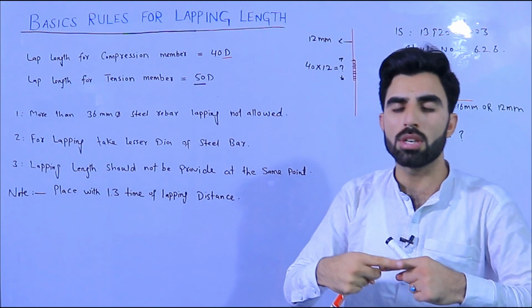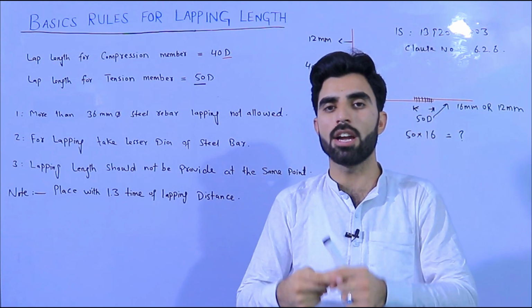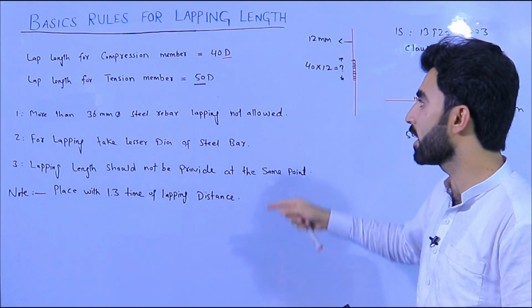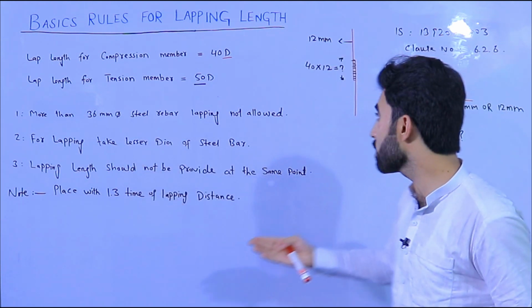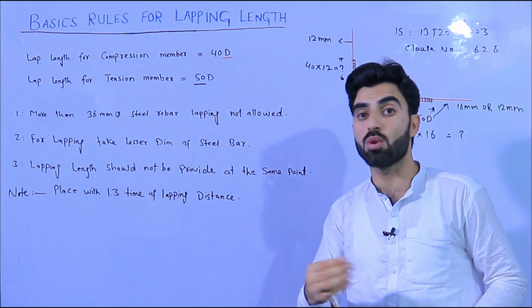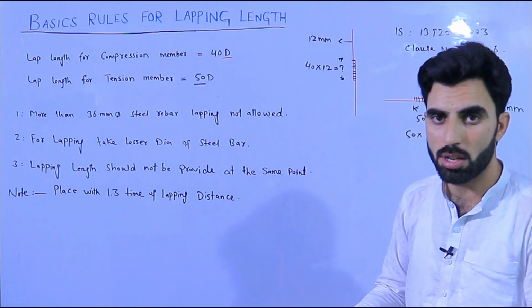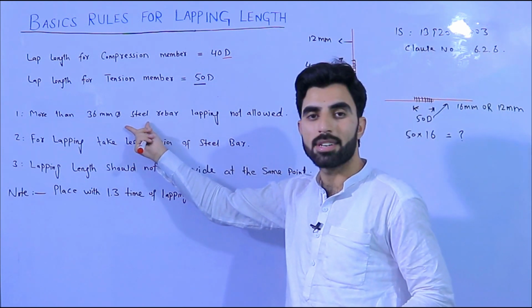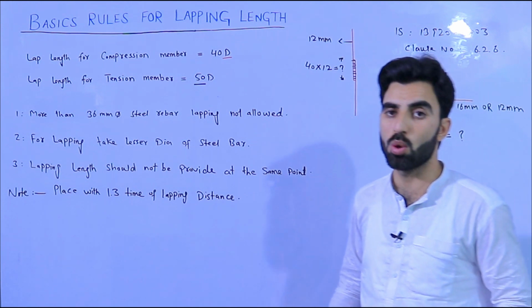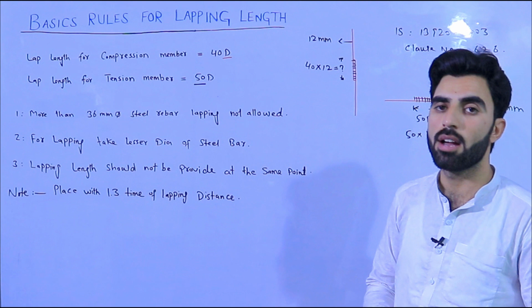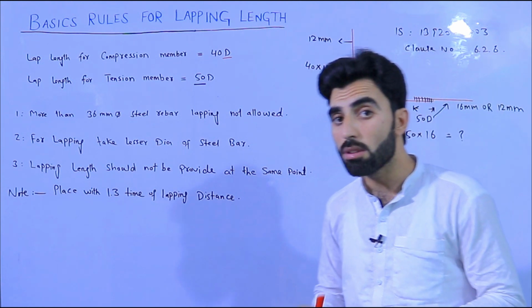Means lapping is not allowed if the diameter of steel in compression or in tension member is more than 36 millimeter. Keep this point in your mind. This is also an often asked question in interviews: to which diameter can we provide lapping length? So you can answer that for steel rebar more than 36 mm diameter, the lapping is not allowed.